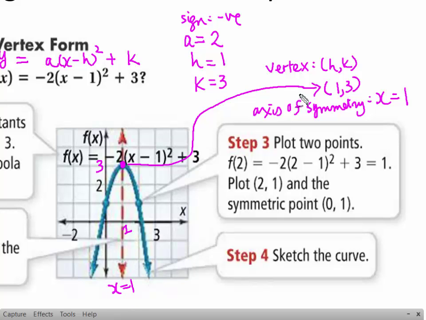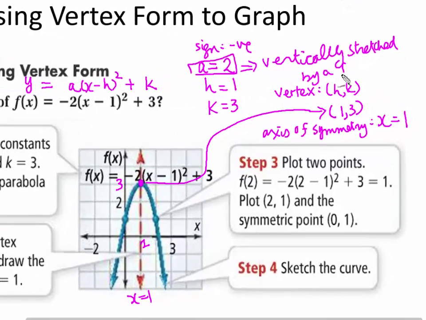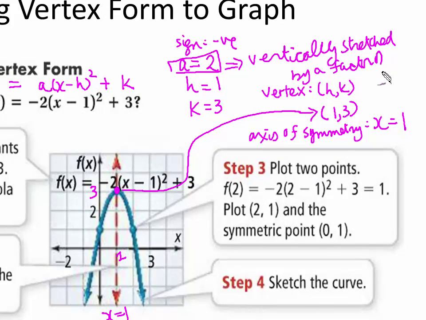And the next thing is the factor a, which is equal to 2. That means it's going to be vertically stretched because it's bigger than 1. Vertically stretched by a factor of 2. And the last thing is the sign before the variable a is negative, so it's a reflection across the x-axis. That's why it's open downwards.